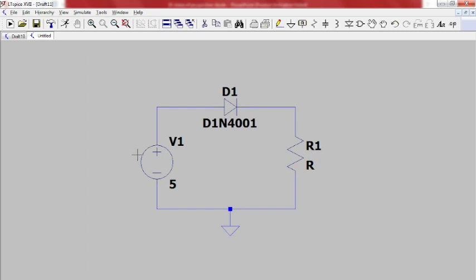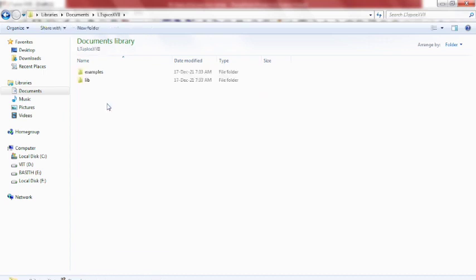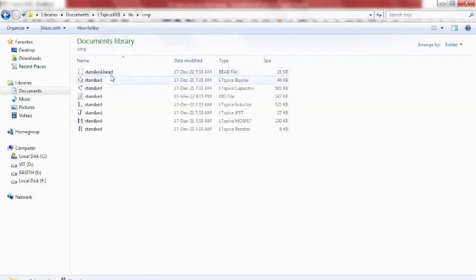For explaining that, go to your Documents folder, open the LTspice folder, open the lib file, go to the cmp file. Then one file is the standard.dio diode file.